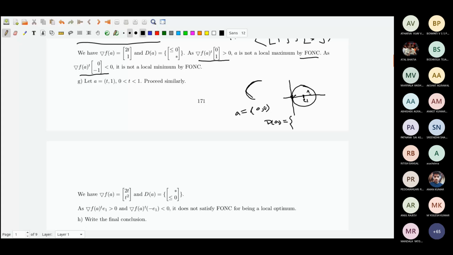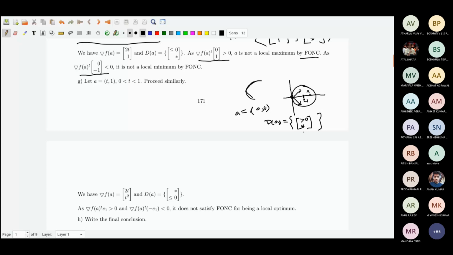So that will be all possible directions of this form: the first coordinate greater than 0, and the second one is anything. All possible directions like this. What does this mean?